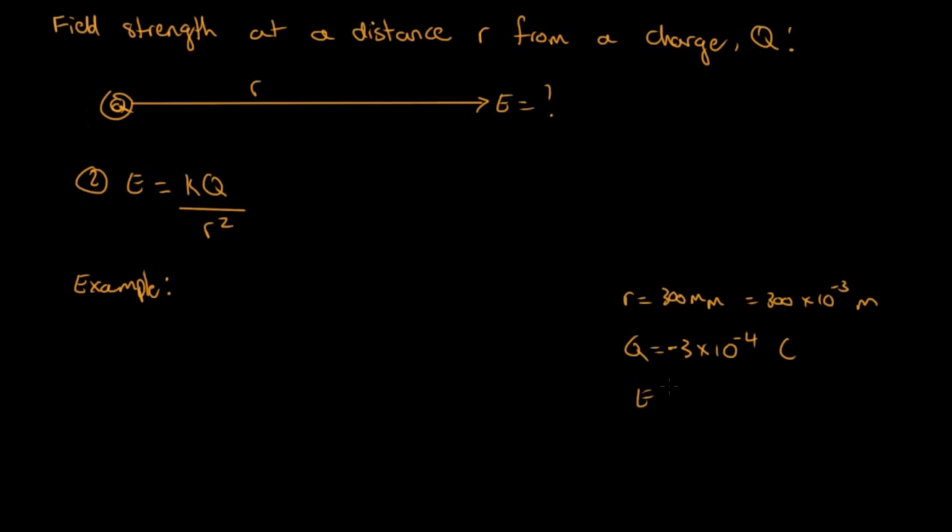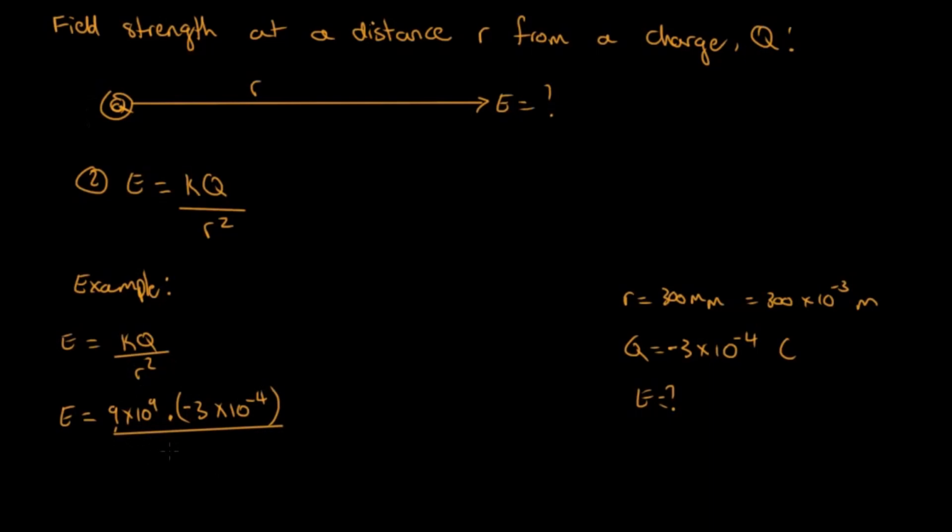Well, I'm going to use this formula: E is equal to KQ over R squared. I know K is 9 times 10 to the 9, multiplied by minus 3 times 10 to the minus 4, all over 300 times 10 to the minus 3.